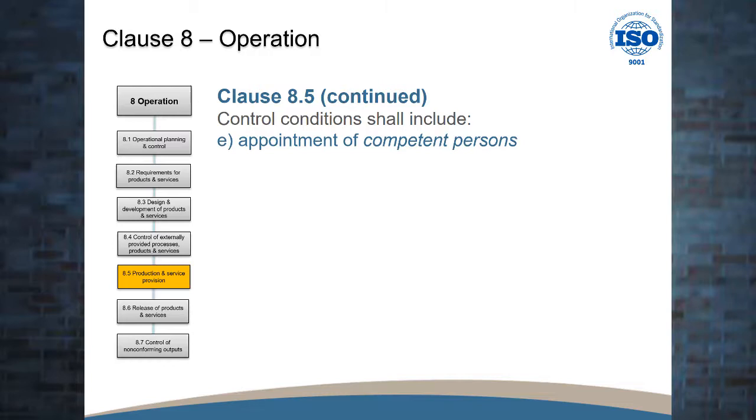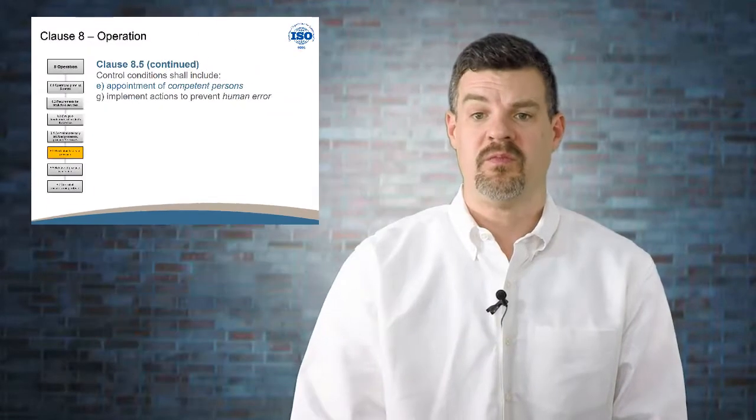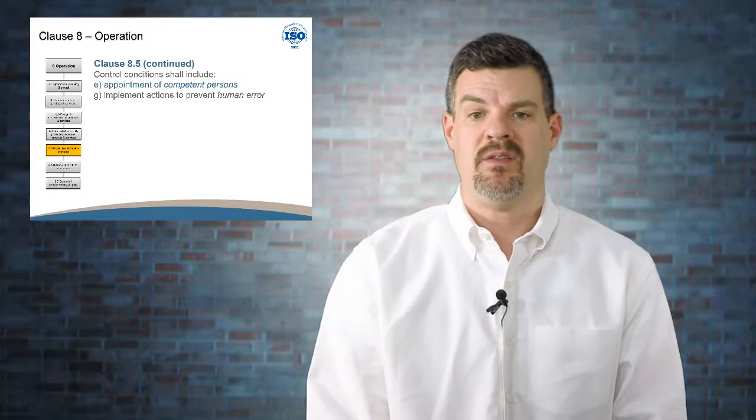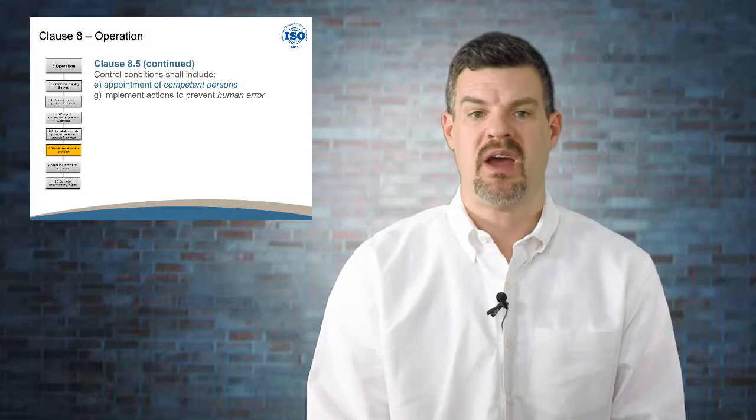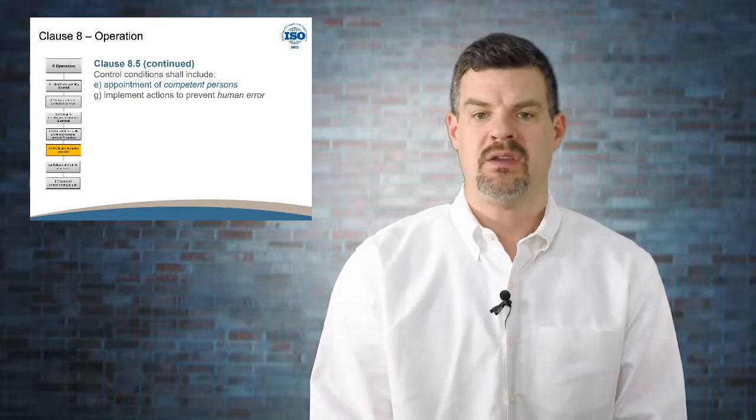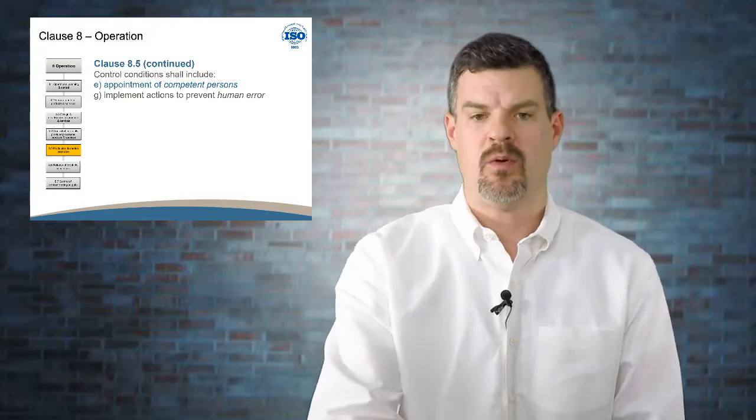So whatever the competency requirements are, you're running at controlled conditions, you got to have competent folks to work within your operations. And then G, implement actions to prevent human error. So human error has never been in these standards, and here we see preventing human error. It's great that there's acknowledgement that that is a key contributor to success or failure. So the idea is, how do you minimize or weed out human error where at all possible? I think that's a good addition as well.